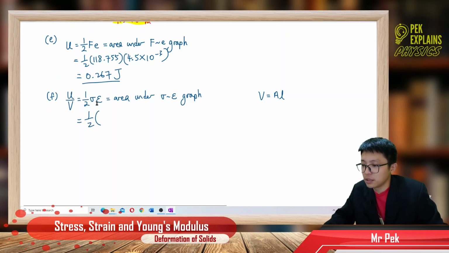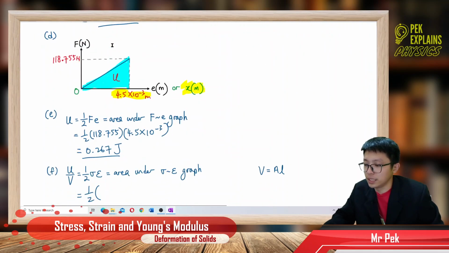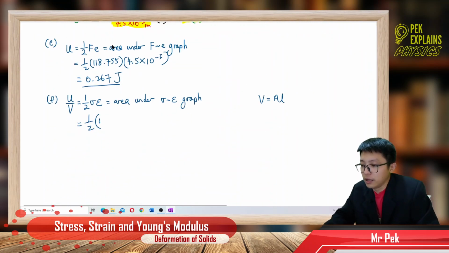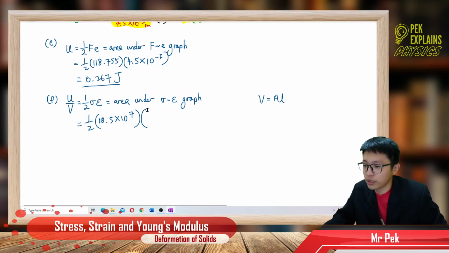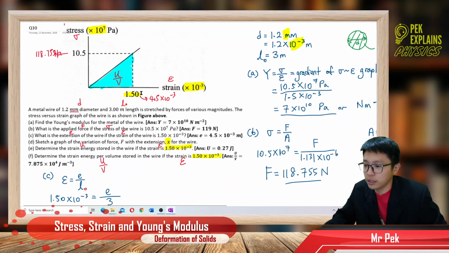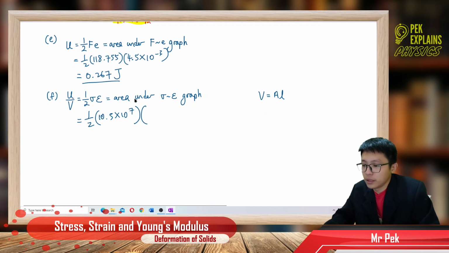So the stress is 10.5 exponent 7. Just calculate, and then the strain is 1.5 exponent negative 3.